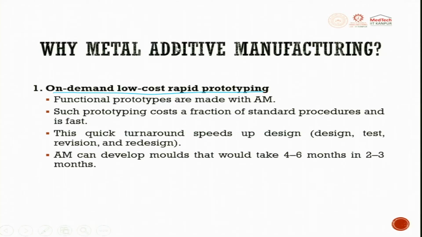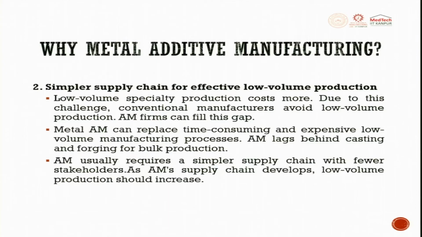AM can develop molds that at one point of time took 4 to 6 months, now it is getting done in 2 to 3 months. So, it is almost a 50% reduction in your mold manufacturing time, and especially when you make it in metal, the mold whatever you print gets into rapid tooling and can be used for fabrication.